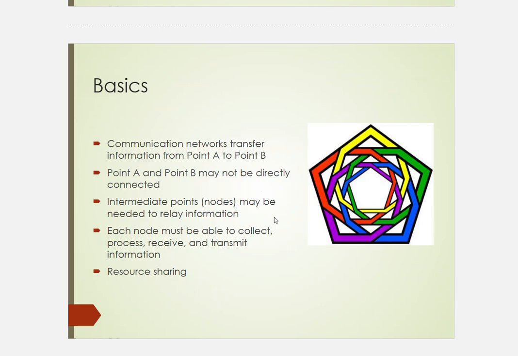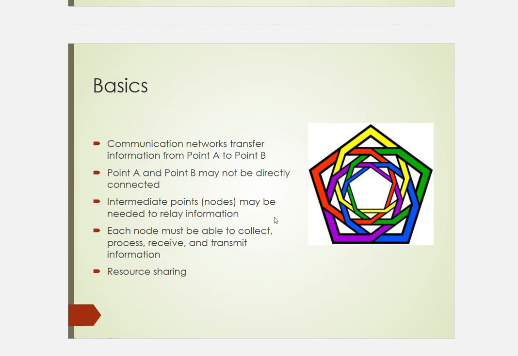As we delve into future modules, it could be something like a transportation network, one vehicle talking to another vehicle, and depending on which vehicles are close by, that would dictate what the intermediate points or nodes may be.